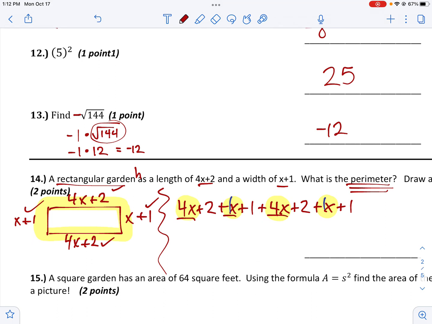Plus 4x is 9x, plus 1x is 10x. Then you're going to add the other like terms. So 2 plus 1 plus 2 plus 1 gets you 6. So 10x plus 6 units is the perimeter of that rectangle, or the rectangular garden.